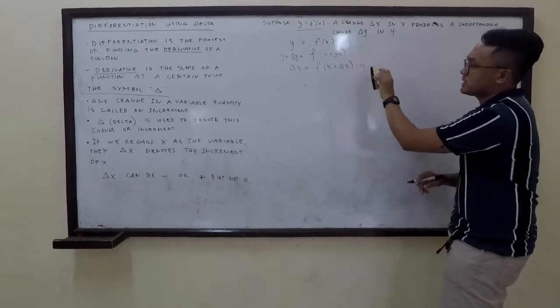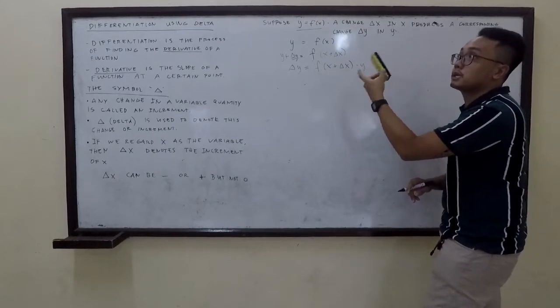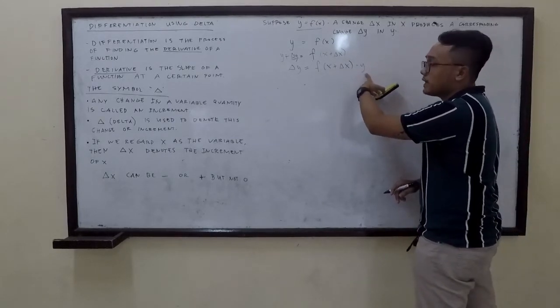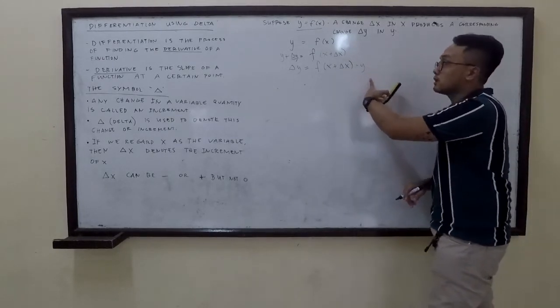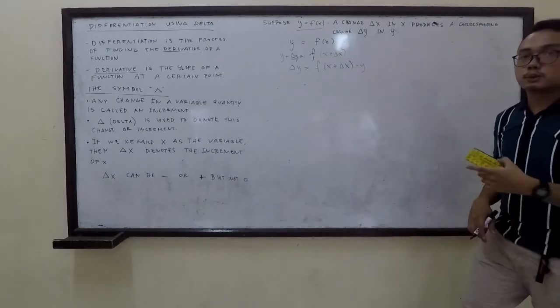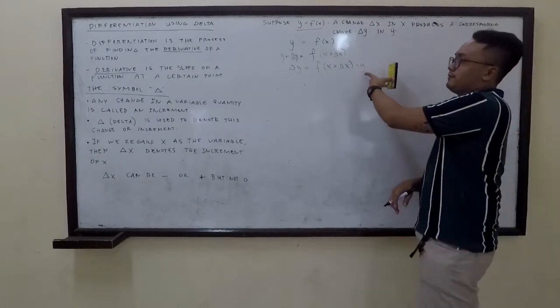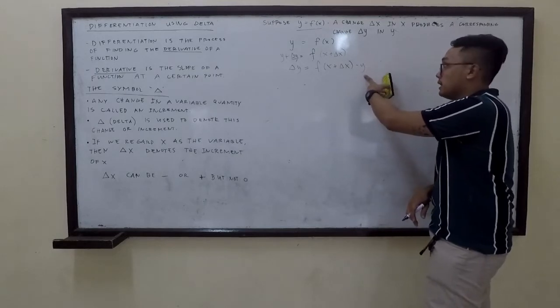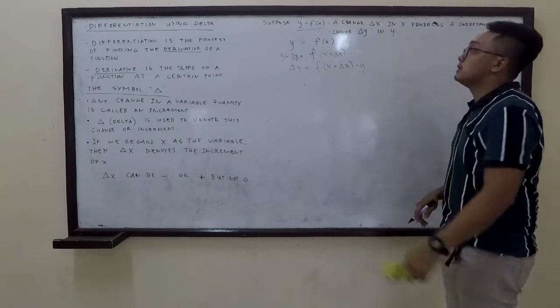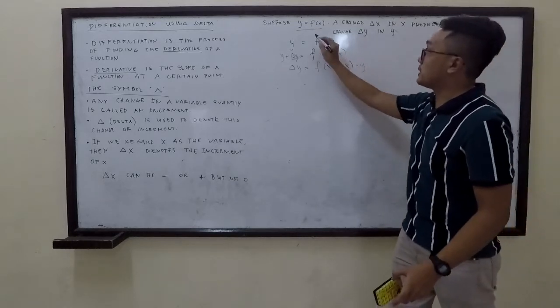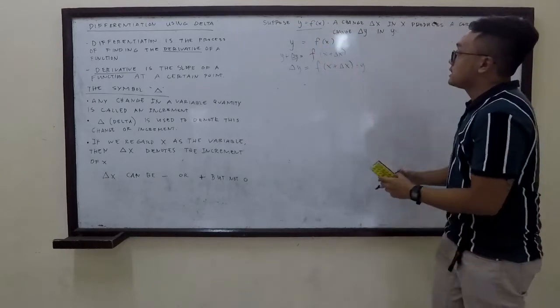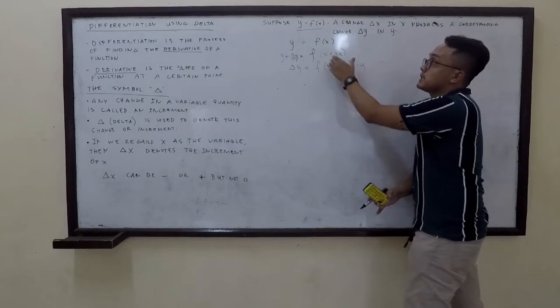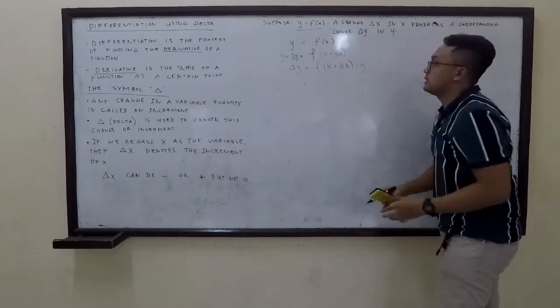This has an x-alone variable, and this has a y variable here. So we're going to change it into a variable x, or find its corresponding value. Remember, we started with y equals f of x. So therefore, y here is just f of x.